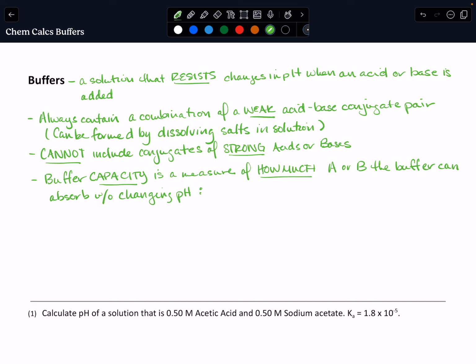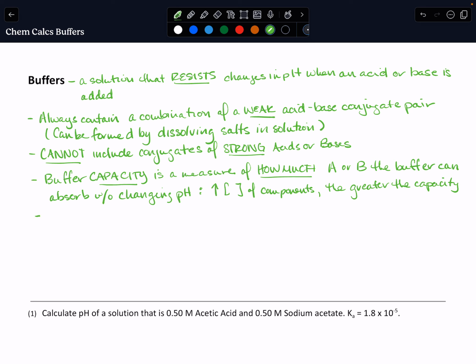All right, generally speaking, the higher the concentration of the components, the greater the capacity. All right, and that makes sense. If you make a buffer and it's 1 molar in its components, that's going to have way more ions present to interact with acids and bases than if you make one that's 0.1 molar. All right, so the higher the molarity of your buffer solution, the higher the capacity is going to be.